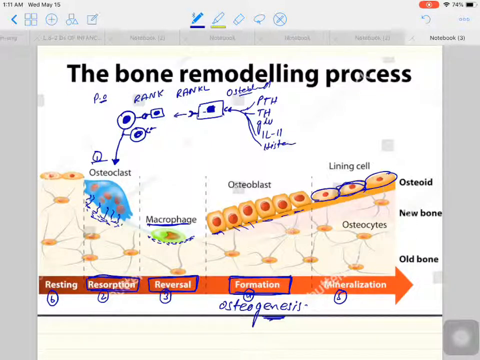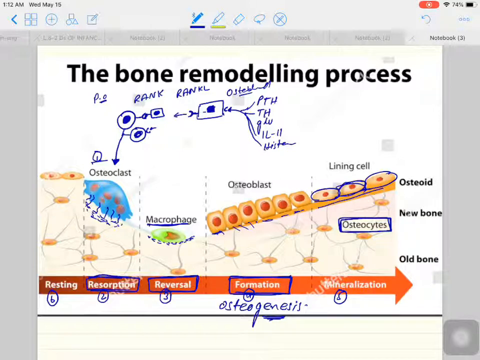Once the osteoblast forms the lining of new bone cells, the osteocyte helps in the mineralization process. We will discuss later how the osteocyte activates the mineralization process, with the help of calcium, deposition of calcium, phosphate, and vitamin.